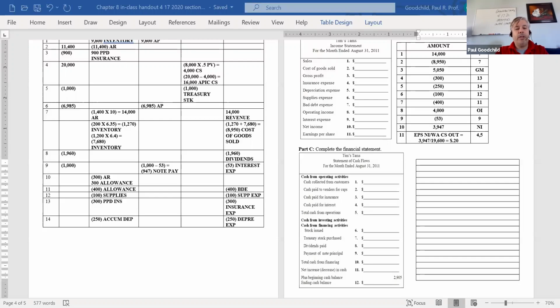And then we repurchased for treasury stock 400, and that was in transaction number 5. And so we end up with 12,000 plus 8,000 minus 400, and that equals the 19,600.